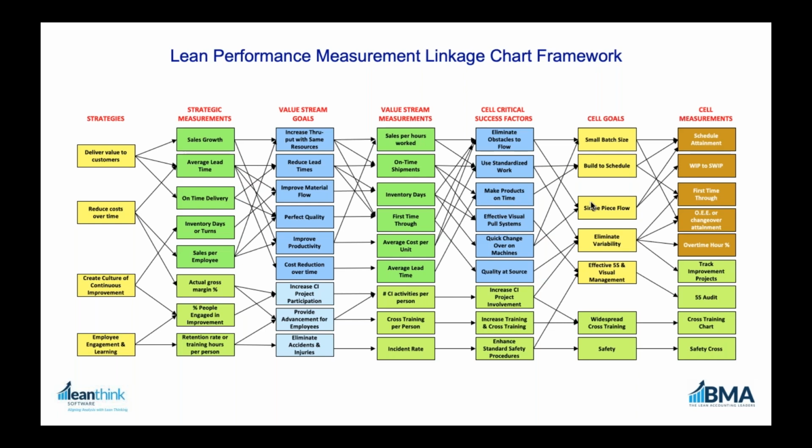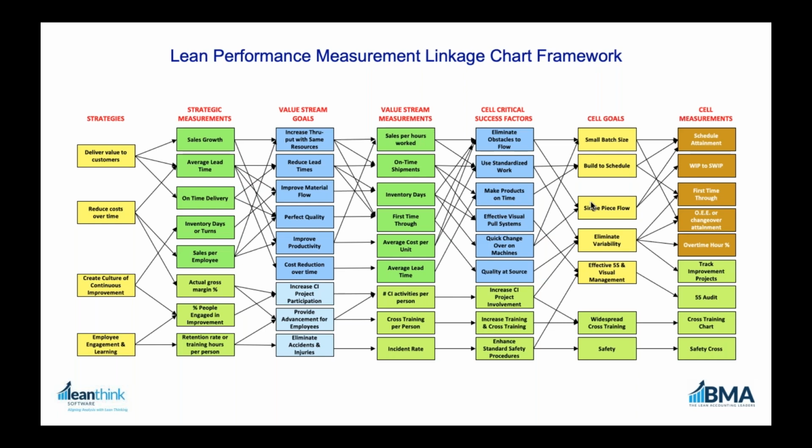And when we do this process with a company, we do it on a wall with Post-it notes, and we go through. Can you use some existing measures? Possibly. For example, if you're already measuring on-time delivery against customer request date, you don't have to create a new measure. If you're measuring your lead times, you can use those measures.